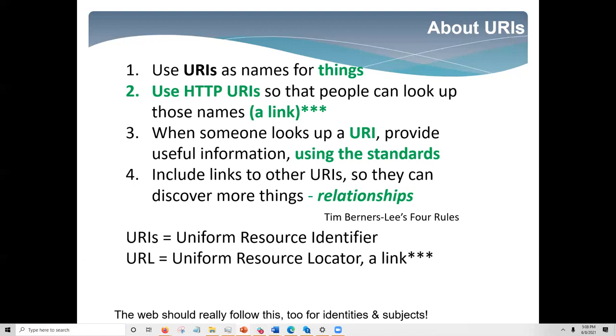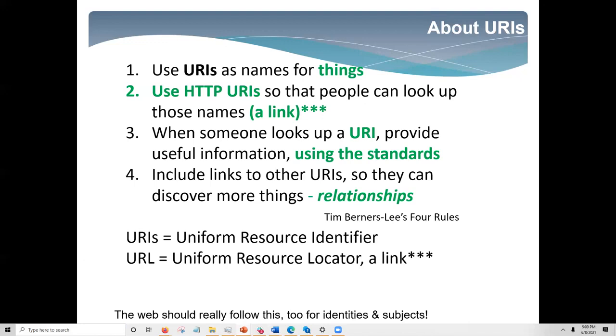A URL is a form of a URI. So if URL works better in your brain, just translate it, because that's really what we're going to be using. In order to use linked data, you have to use what? A link.